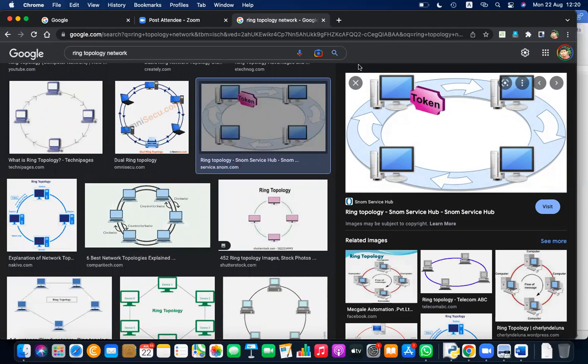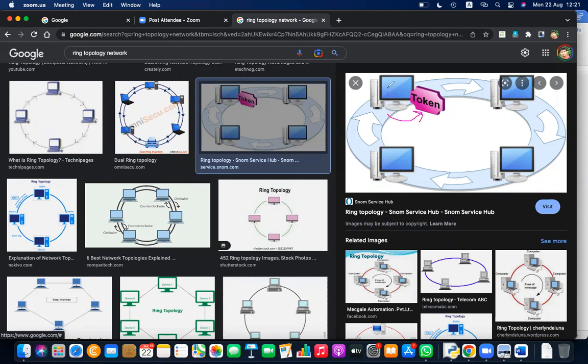When somebody wants to send data in this network, they must raise their hand and obtain the token. This token is actually the authenticator, or the initiator, right? That is the initiator. This token will tell you, okay, you are ready to communicate.